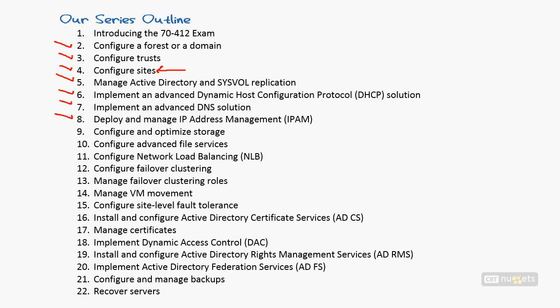I have to assume that you have some understanding of things like DHCP and DNS, because we'll be focusing only on the specific objectives and how they relate to DHCP, DNS, and all the other topics here. So there'll be some skipping over, but again, this is under the assumption that you've already looked through the 410 and the 411 content and probably taken the exam.